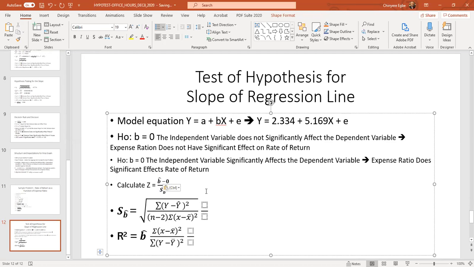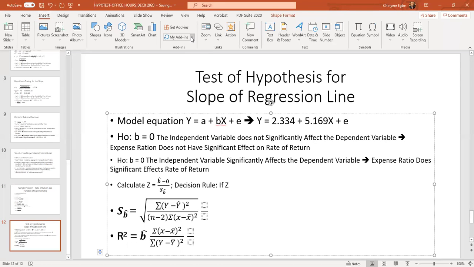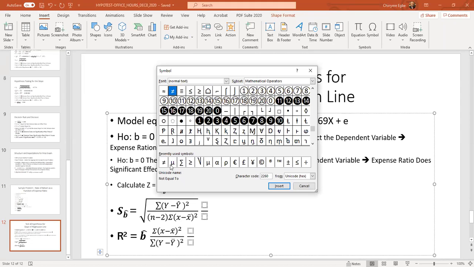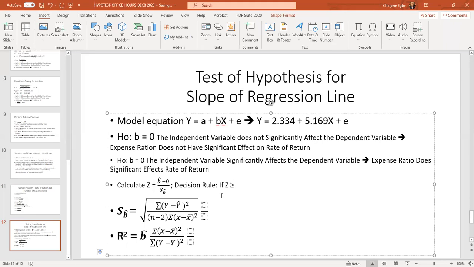Okay, B hat minus 0, and then the decision rule, as usual: if Z is greater than or equal to Z star, you reject the null hypothesis. So if Z is greater than Z star, you reject the null hypothesis.